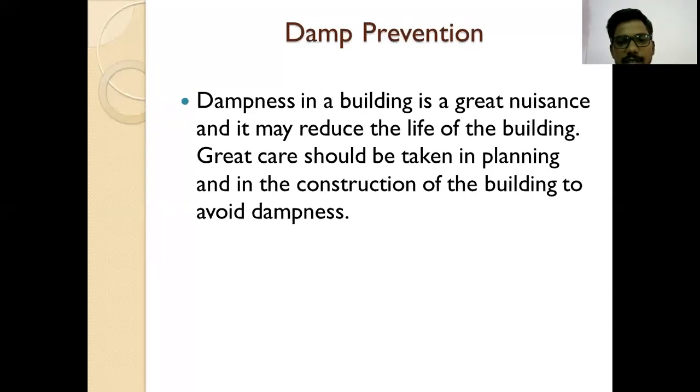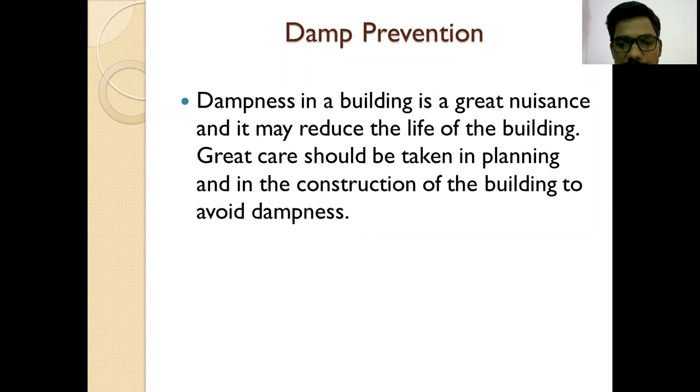Next building functional requirement is damp prevention. Here dampness is nothing but the moisture content. Dampness in a building is a greater nuisance, and it may reduce the life of the building.